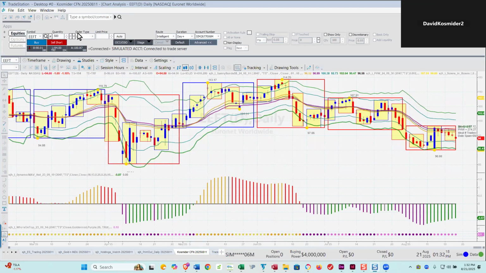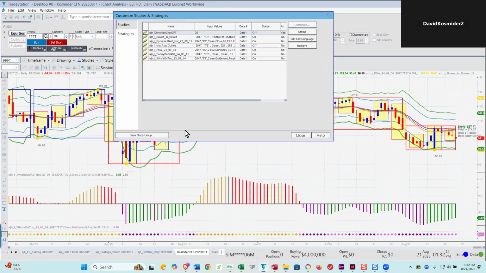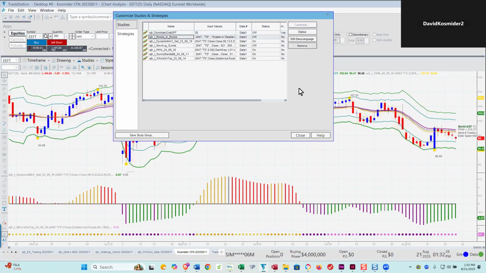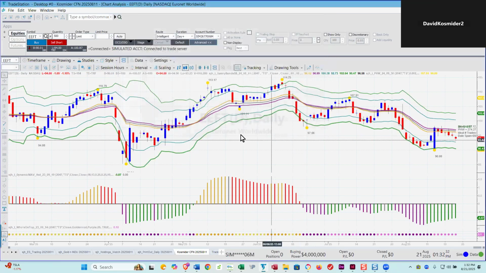I'm going to take it off right now. Studies, edit studies. We'll status that off, and we'll go back to Sunny Bands, which is in the center. We've got a gold and purple line. The gold and purple together are called the DMA, or dynamic moving average.